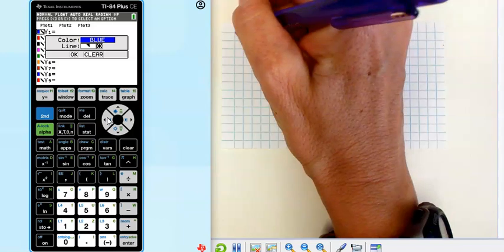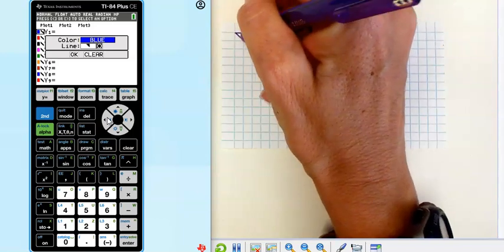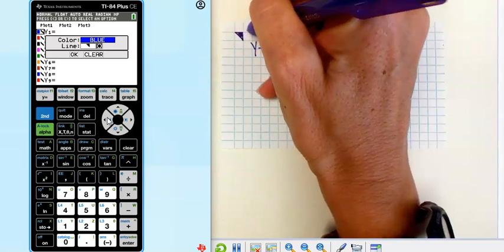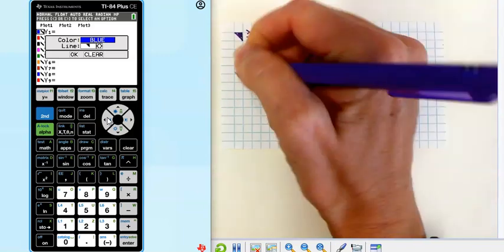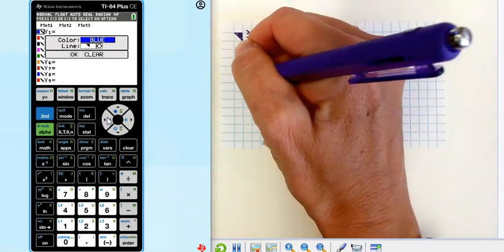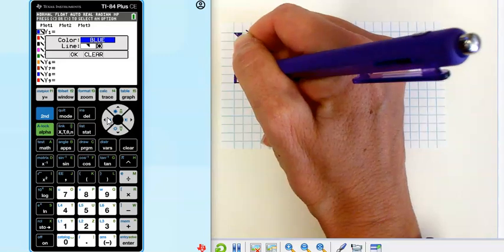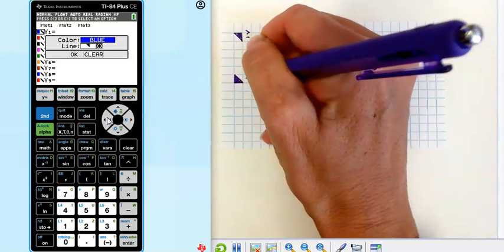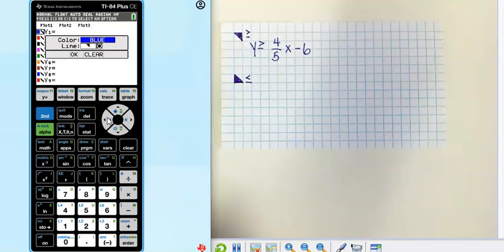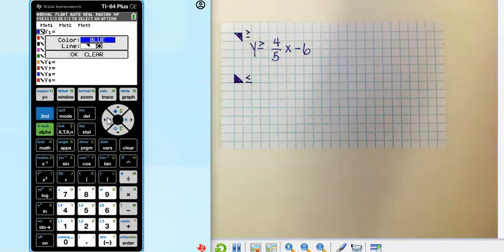Remember, this is your greater than or equal to. This is your less than or equal to. Okay, and remember, the calculator is not going to explain to you whether the line should be dashed or dotted.